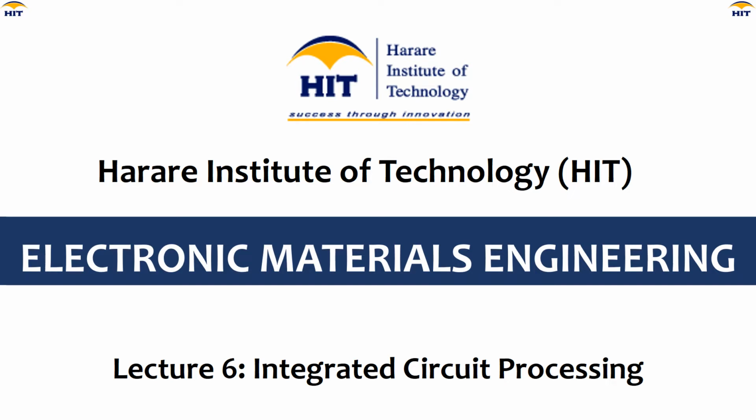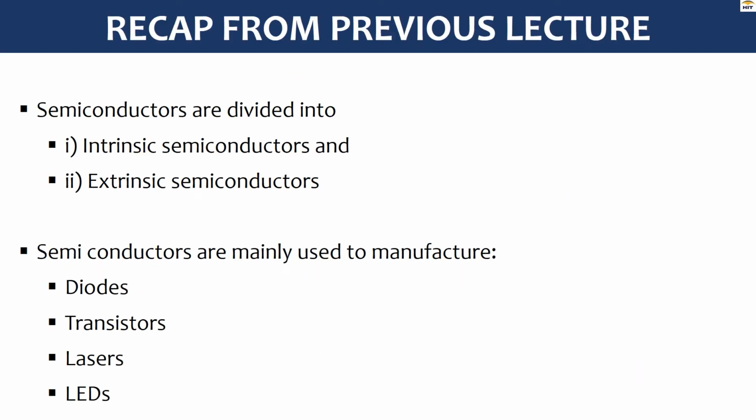Okay, good day, everyone. Today we want to look at the processing of integrated circuits. Just a recap from our previous lectures. In our last lecture we looked at semiconductors, and we discovered that semiconductors are divided basically into two types.